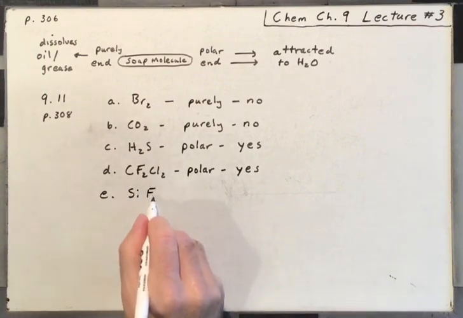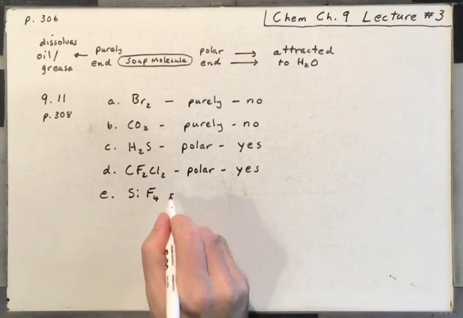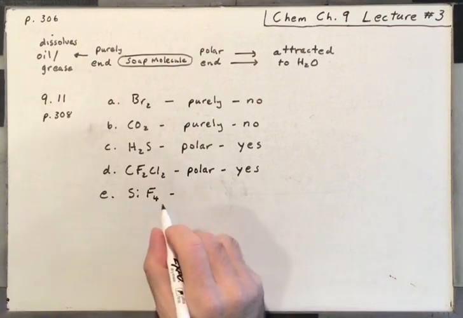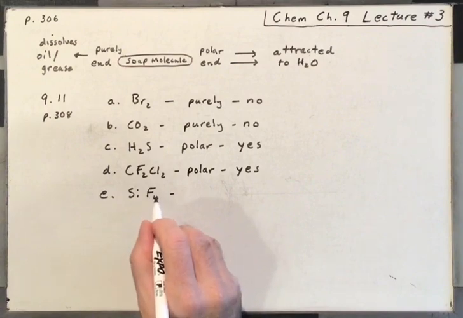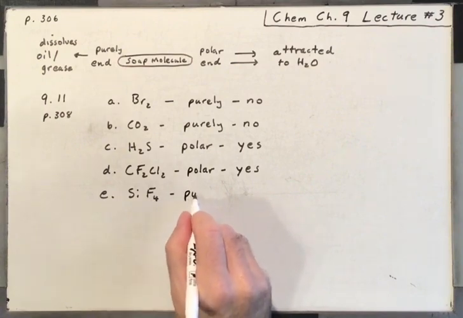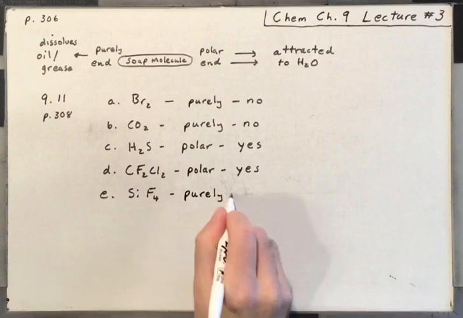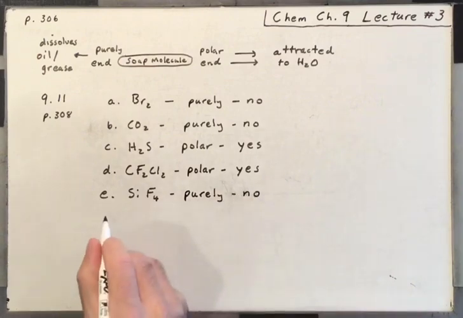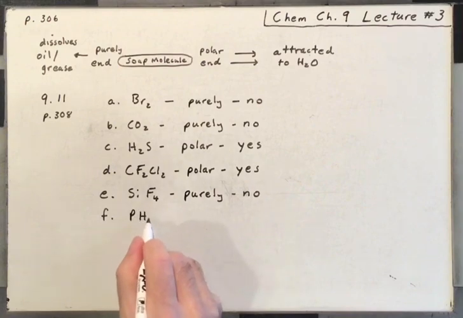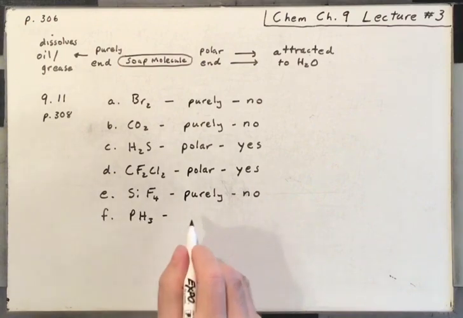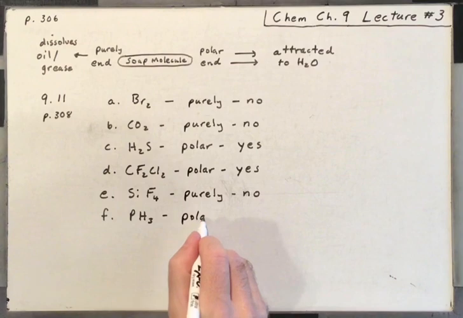SiF4. All right, that one was a tetrahedron, but all the fluorines canceled each other out, so it was purely covalent. So that one is a no, it won't dissolve in water. And then PH3, that pyramidal shape, always going to be polar.